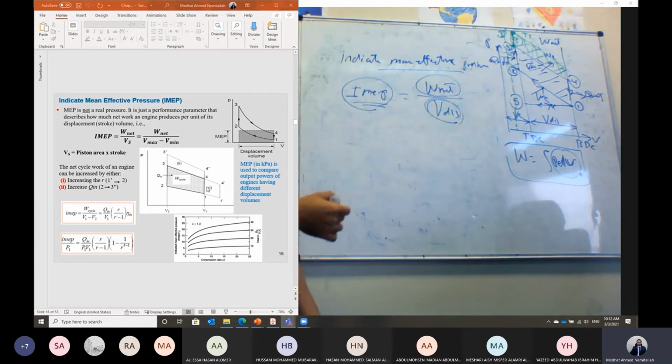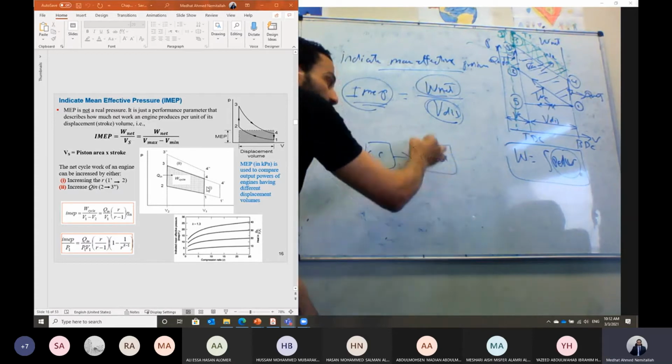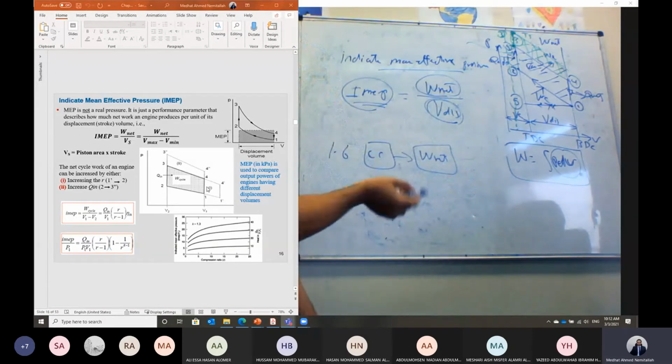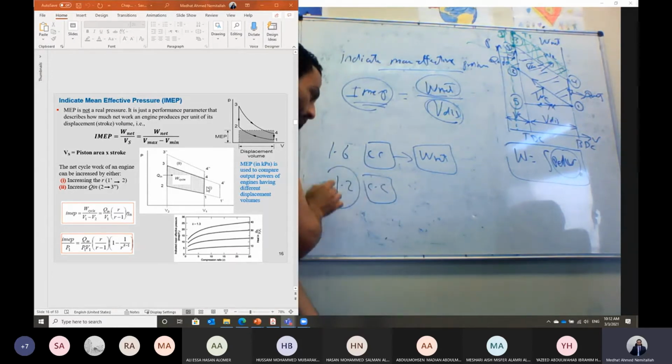So let's say we have a car of 1.6 cc. This car is giving work out or power output at a given value. We may have a turbocharged car of, let's say, 1.2 cc in a small car. This is the cc of a turbocharged car.